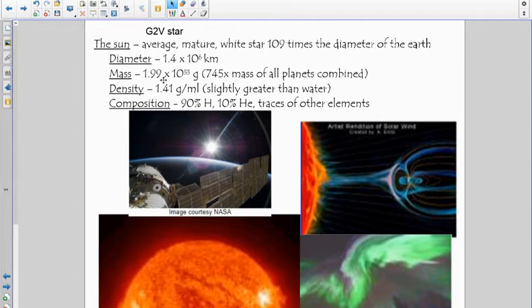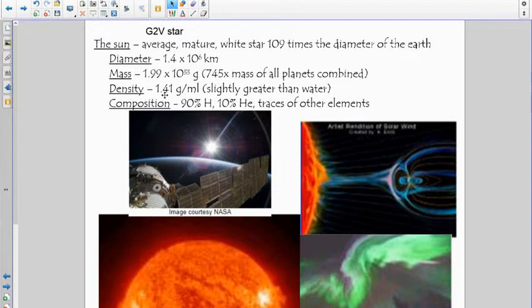This is kind of interesting right here: 99.85% of the mass of the solar system is contained within the sun. The remaining 0.15% makes up all the planets, moons, asteroids, everything else that we see. The density is slightly greater than water, so we tend to think of the sun as being this big ball of gas.